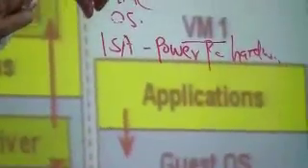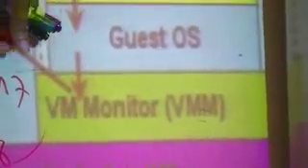So you have a binary executable written in one instruction set architecture, and you have to translate it to another ISA, because after you translate, the code goes to the host operating system. The control is transferred to the host operating system, and the host operating system executes that code on behalf of the virtual machine.